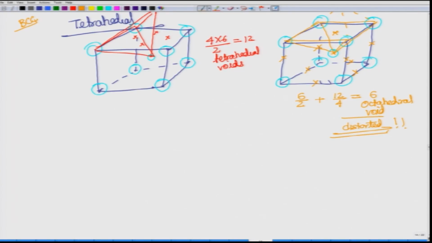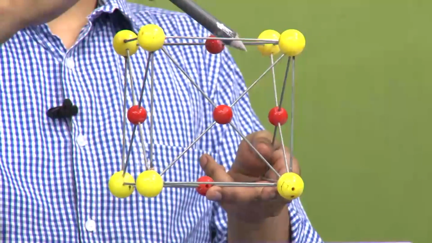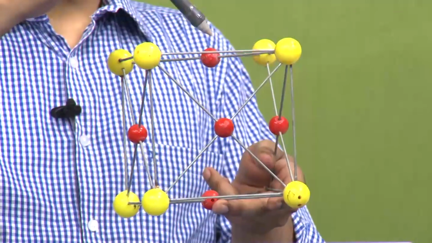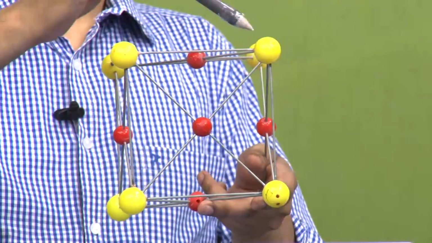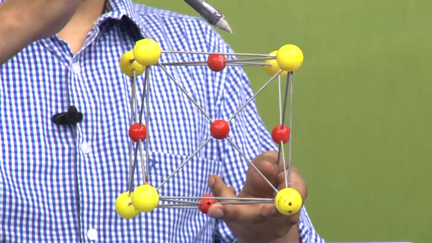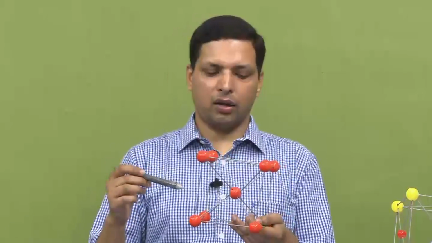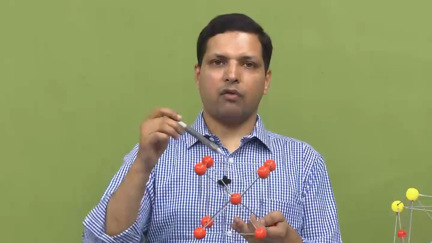Now, similarly, let us look at the tetrahedral void. For FCC, you remember this and this plus this, these 4 atoms form the tetrahedral void. Now, you look at the length here to here, here to here and here to here, all of them are exactly the same in magnitude. But now, let us come back to the lengths for the different atoms in the tetrahedral void of BCC.